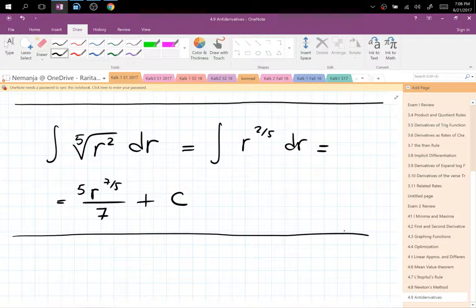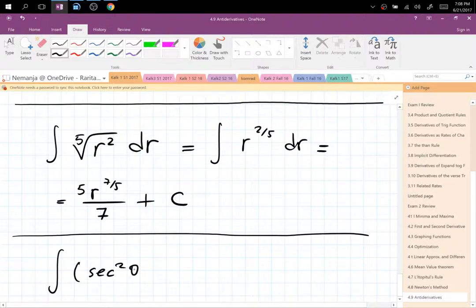So let's do some of these wonderful problems, such as what is the integral of secant squared theta minus 1 d theta?